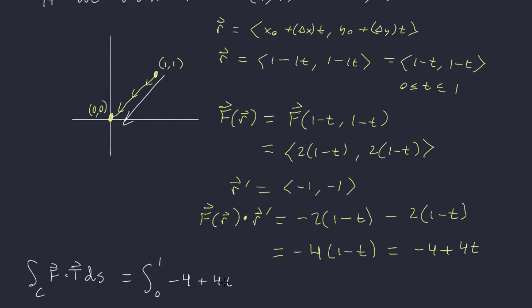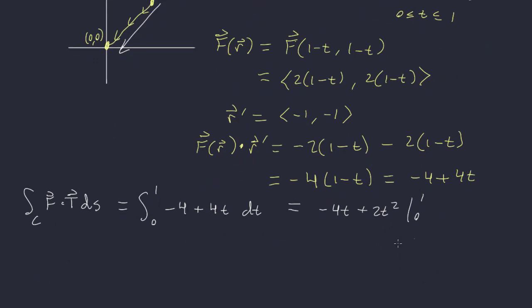Okay, so we'll get negative 4t plus 2t squared from 0 to 1. And this is exactly why we set it up with limit 0 to 1, because it makes this integration so much easier. So it'll be negative 4 plus 2 minus 0, okay, which is negative 2.